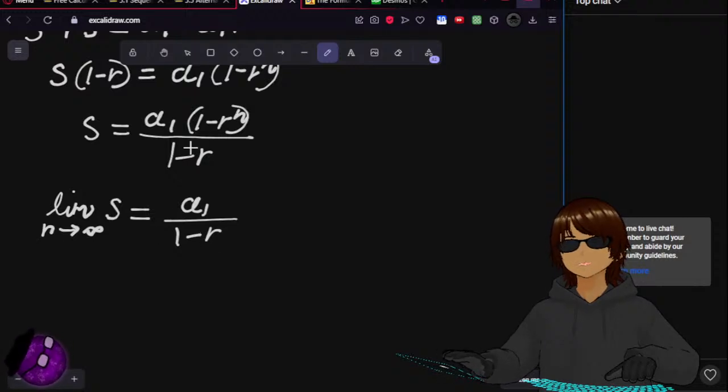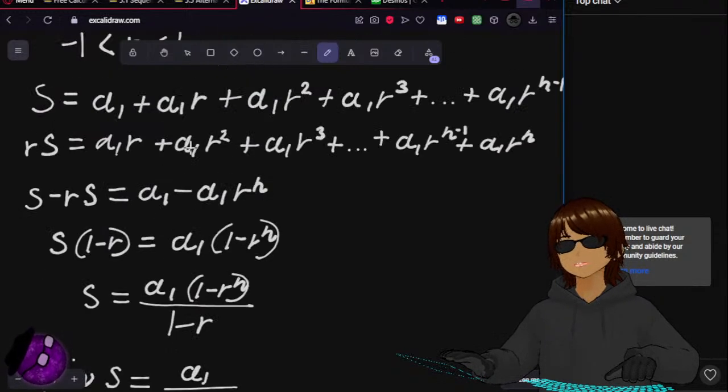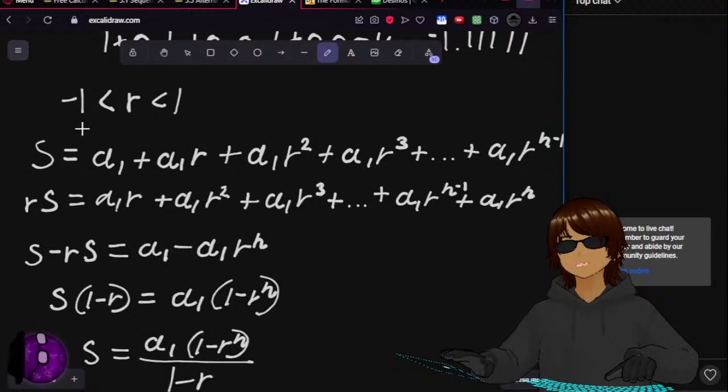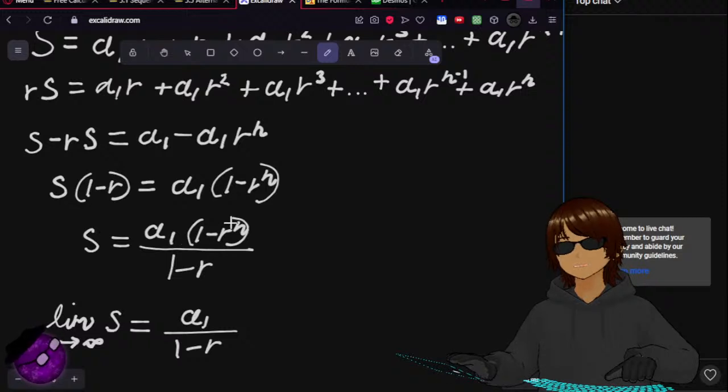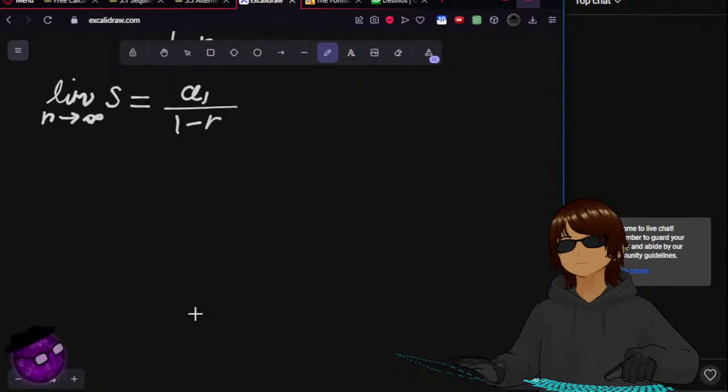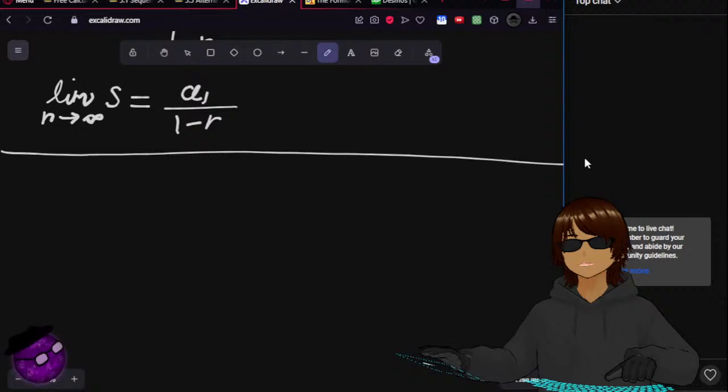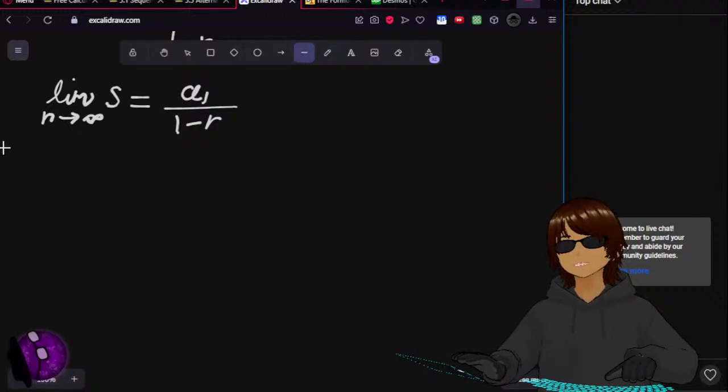If n goes to infinity and r is between -1 and 1, only under this condition, then this will go towards 0. And then a1 times 1 is a1. So this is the formula we get for the sum of a geometric series.